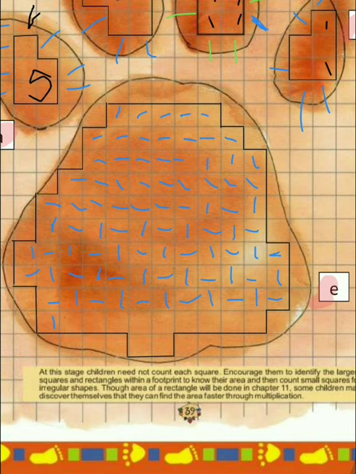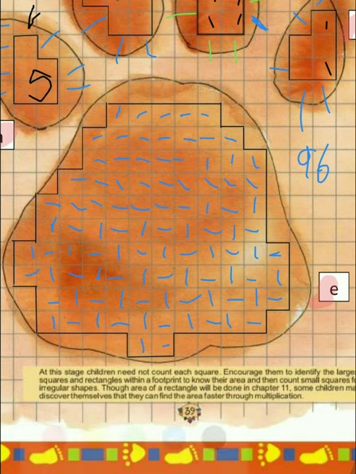Correct or not? 86, 87, 88, 89, 90, 91, 92, 93, 94, 95 and 96. How many full squares are there? 96. Okay. So you have to remember 96 full squares are there in part E.